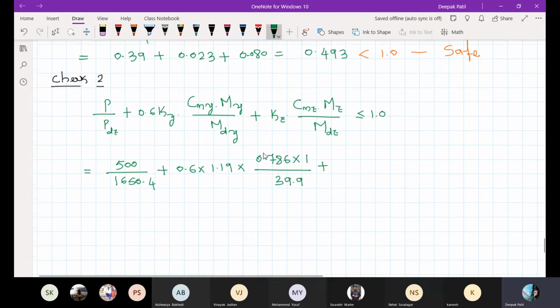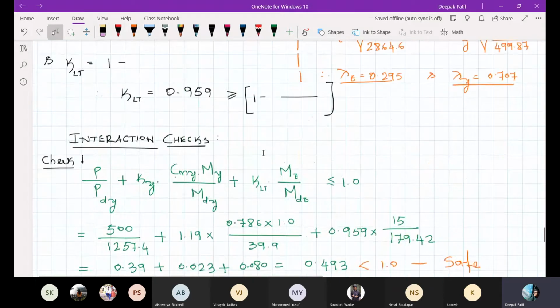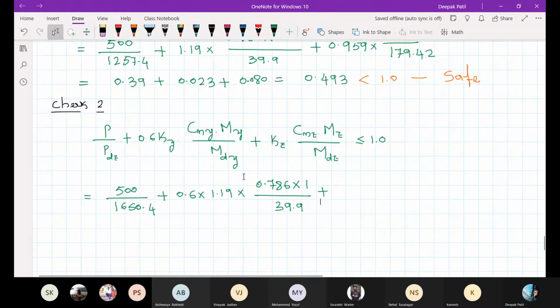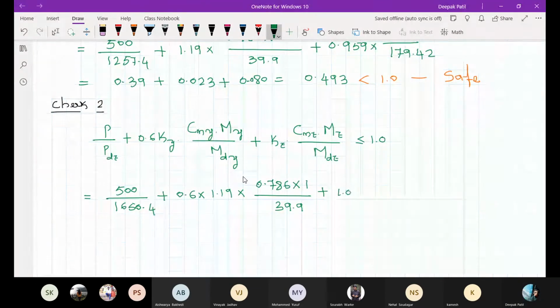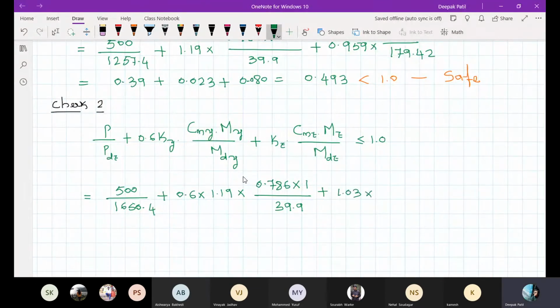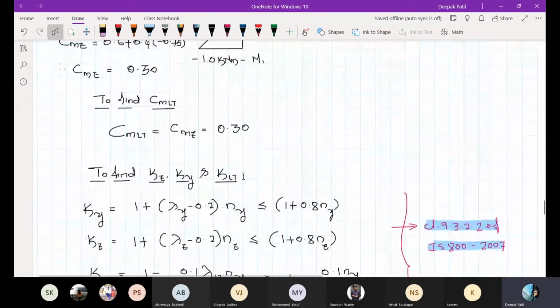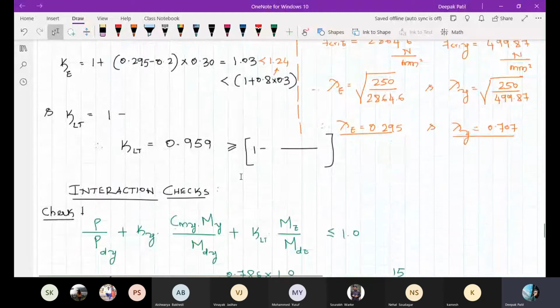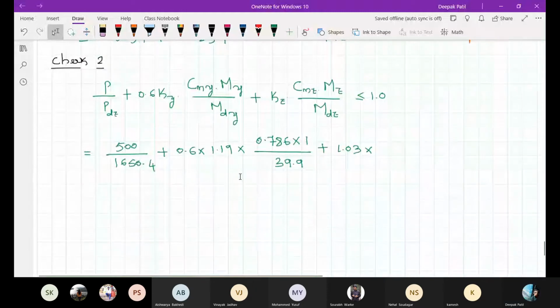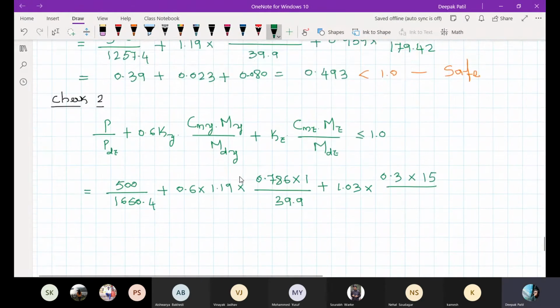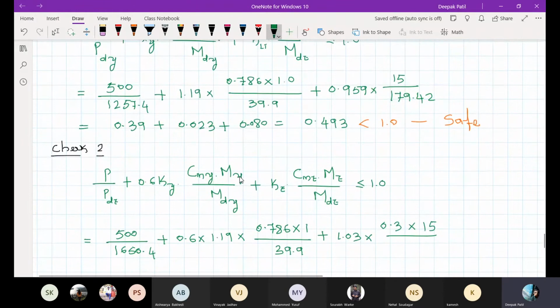Plus KZ. So KZ we have already calculated, which is 1.03, multiplied by CMZ. CMZ is 0.3, multiplied by MZ is 15 divided by MDZ is 179.42.